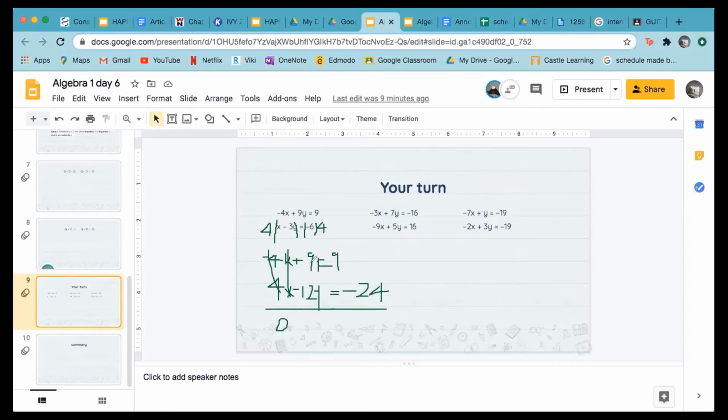And then what's positive 9y minus 12y? What's negative 12y plus 9y? Negative 3. Negative 3 what? You're missing something. Oh, y. What's positive 9 minus 24?